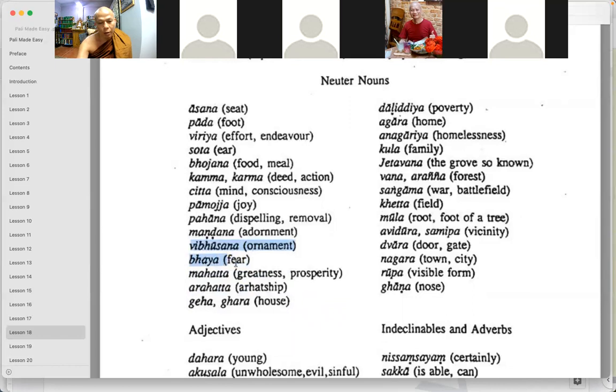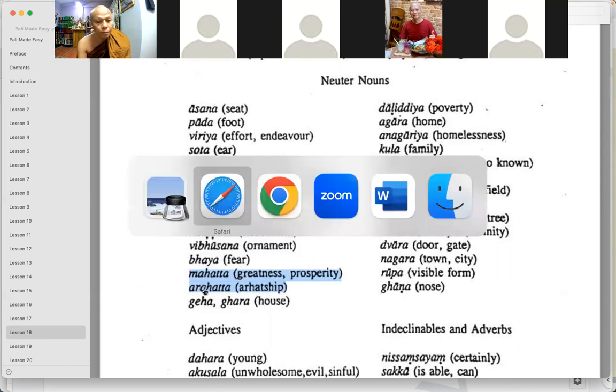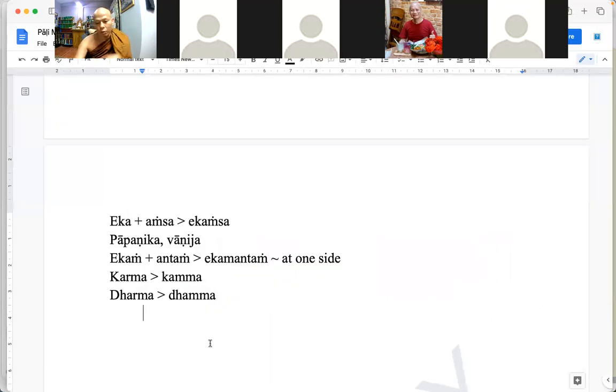And the bhaya also, bhaya, fear, also neuter gender. And the mahatta. Here mahatta and arahata have the same form, and maybe some are adjectives, like this.